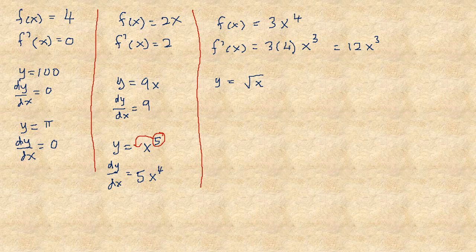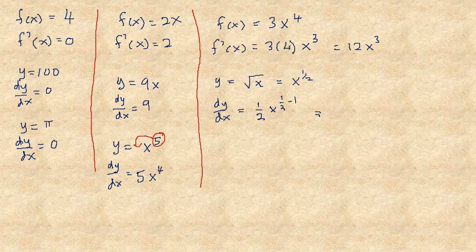Now if we have y = square root of x, to differentiate this function, we can change the square root to x to the power of 1/2. So now we can differentiate, dy/dx equals, we bring the power of 1/2 to the front, so we have 1/2 x to the power of 1/2 minus 1.